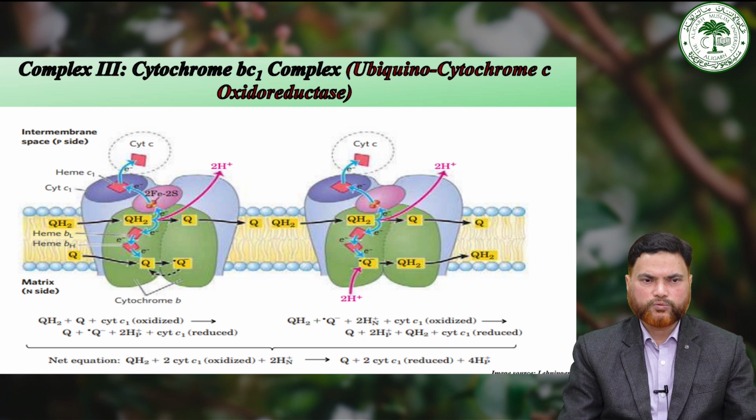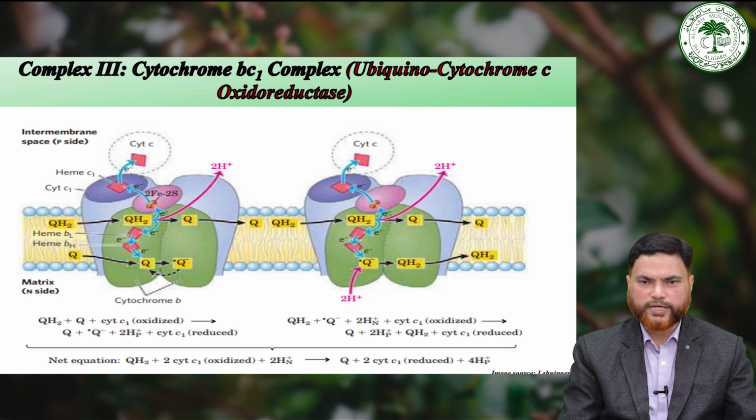So, how is this complex involved in carrying out the Q cycle and proton transport? The mechanism of participation of ubiquinone in the electron transport process was first proposed by Peter Mitchell, and he termed it the proton motive Q cycle.